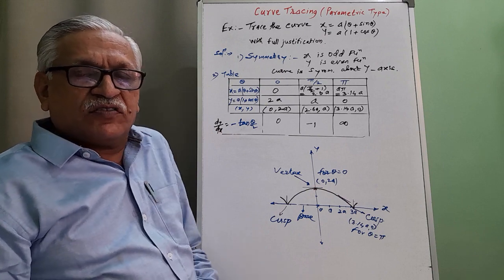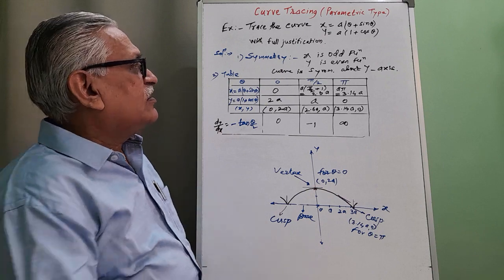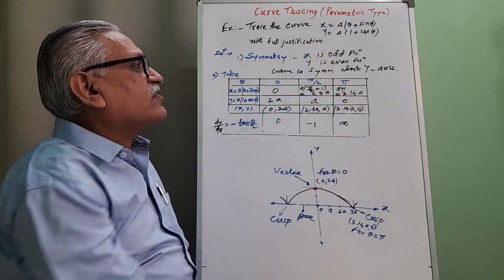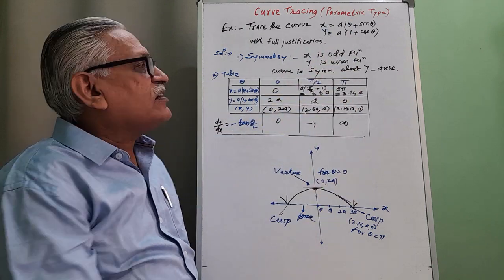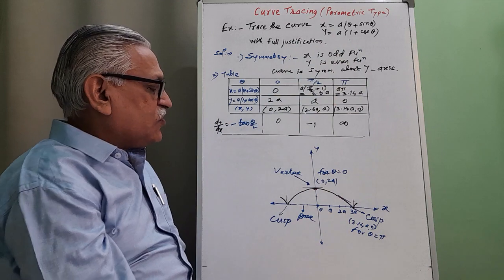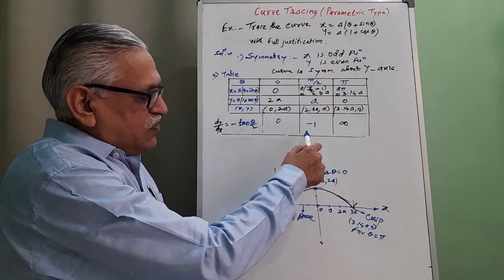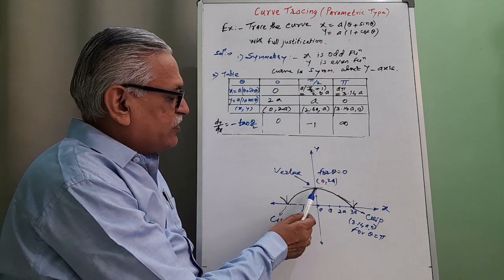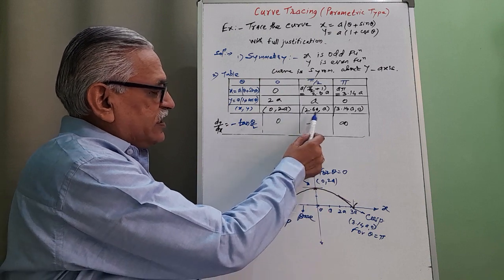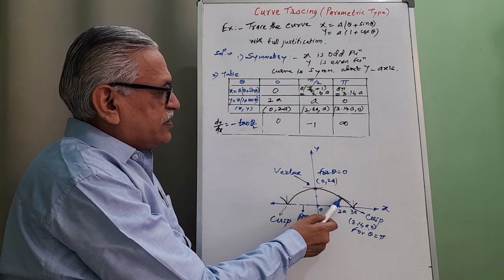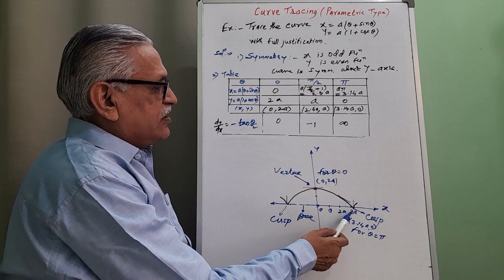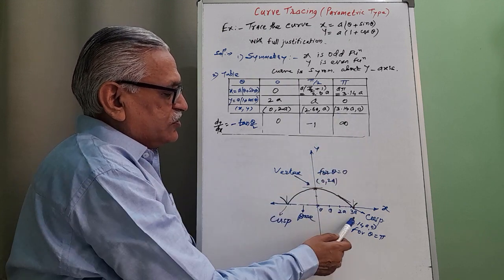Therefore, this is that cycloid representing this equation: x is equal to a into theta plus sine theta and y is equal to a into 1 plus cos theta. Symmetrical about y-axis. 3 points: 0, a, then second this 2.6a, and the third 3.14a, 0.